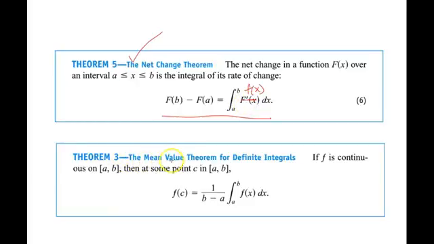The mean value theorem for definite integrals says that if f is continuous on this closed interval, then at some point we know that there is some value f of c that is going to be equal to taking the area under the curve of this function evaluated from a to b, and we're going to multiply that by 1 over b minus a.